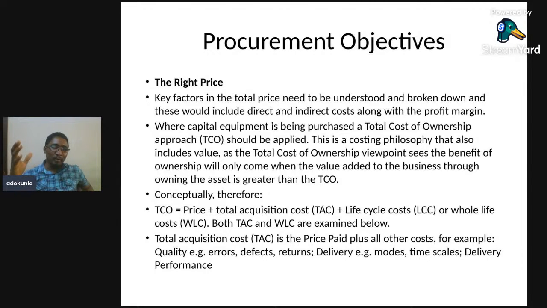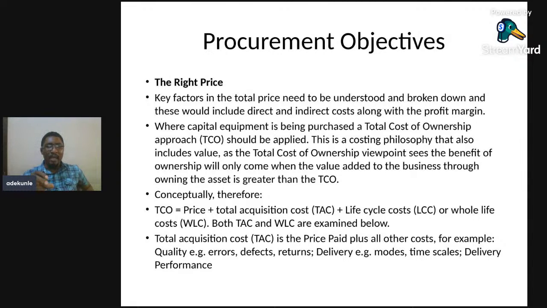So the key factors in determining the right price, for us to understand it, should be broken down. And of course, when you're looking at the right price, you're looking at something that should include the direct cost of an item and the indirect cost of an item, along with the profit margin that is allowed within the organization.